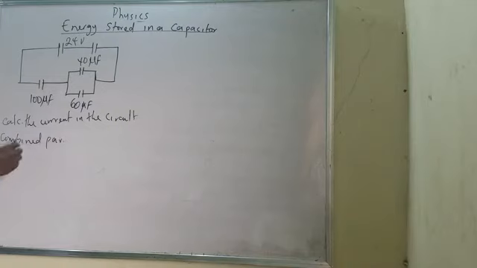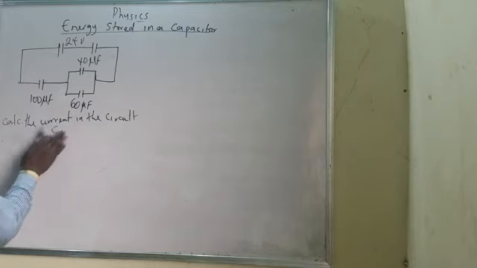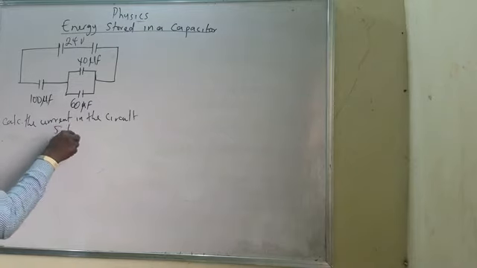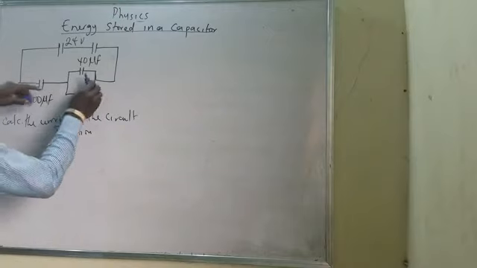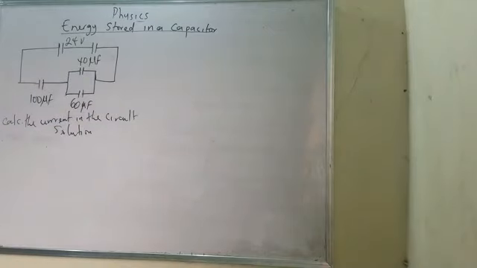Now I want to calculate the current in the circuit. Once I have this problem, I have the solution. The first thing I will do: this is a series, this is the parallel. Now, I will first calculate the combined. Let me now combine the parallel together.